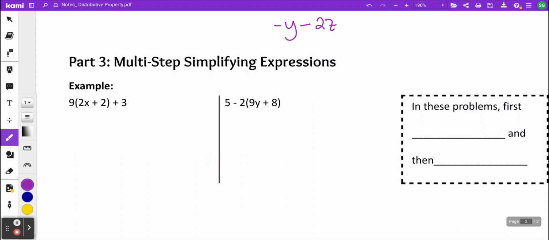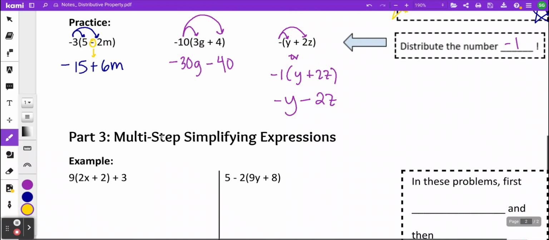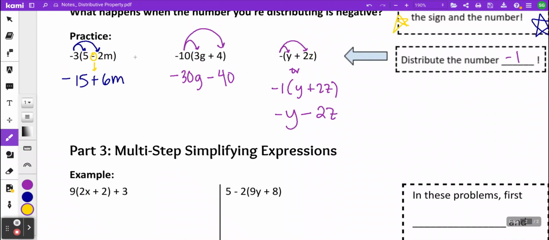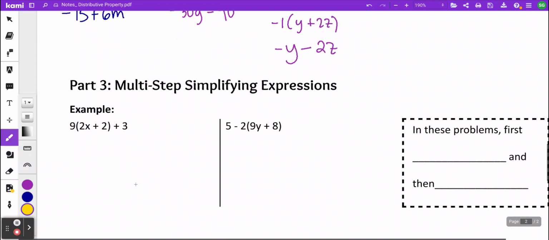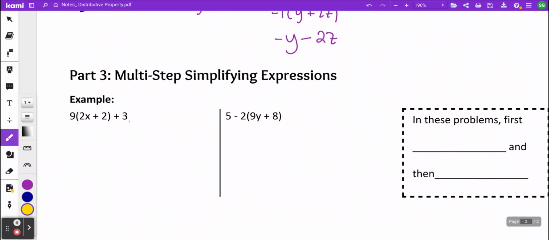Before we do any math, can you tell what's different about this problem compared to everything we've done so far in this lesson? Well, that difference is that plus 3 there. All of our problems didn't have something extra at the end, right? It just had that multiplication problem we had to do. But here, I've got that extra addition part. I've got that plus 3 there.